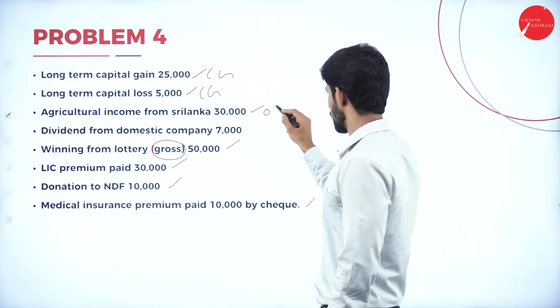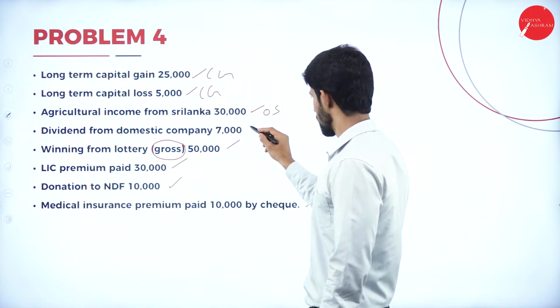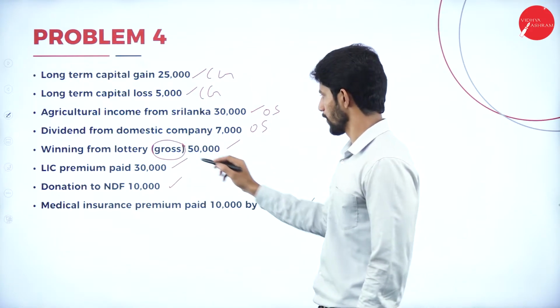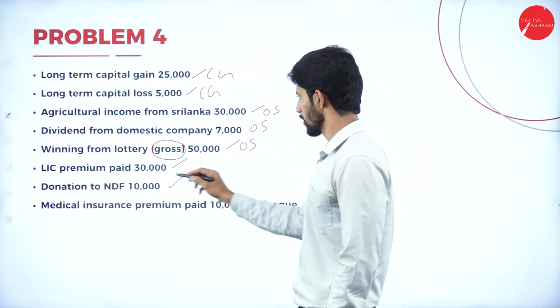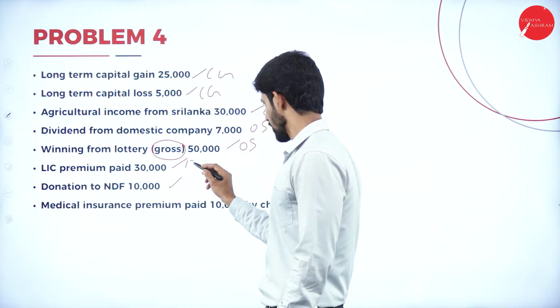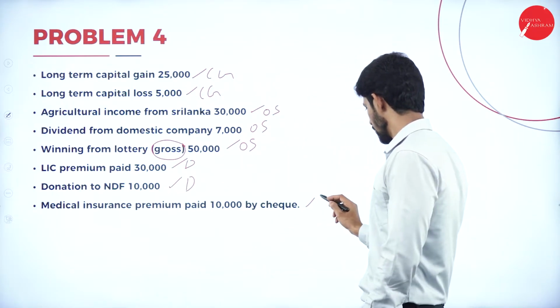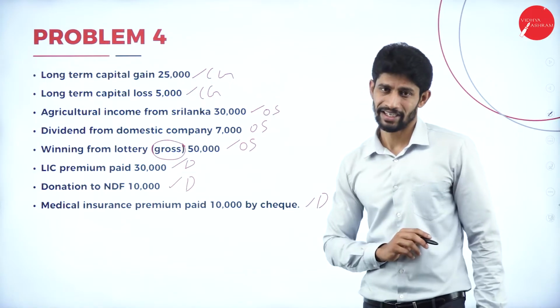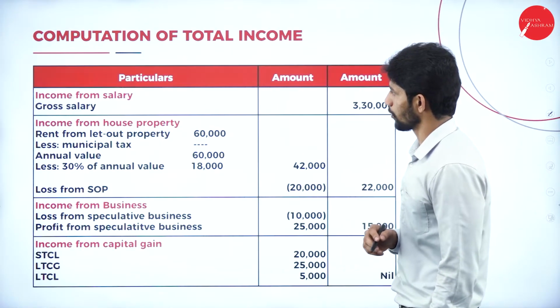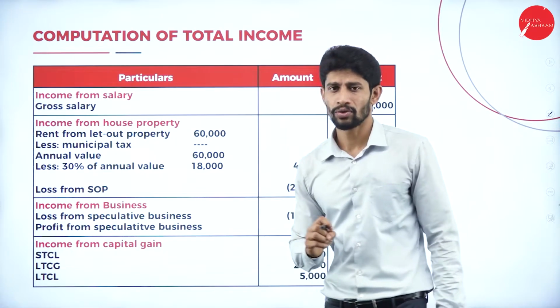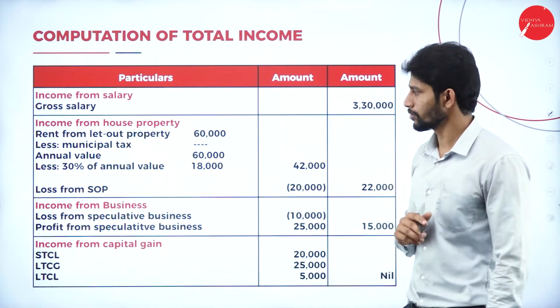Agricultural income relates to other sources, dividend from domestic company relates to other sources, winning from lottery relates to other sources. LIC premium relates to deduction, donation relates to deduction, medical insurance premium is also relating to deduction. So moving to solve the problem, computation of total income, particulars, amount.